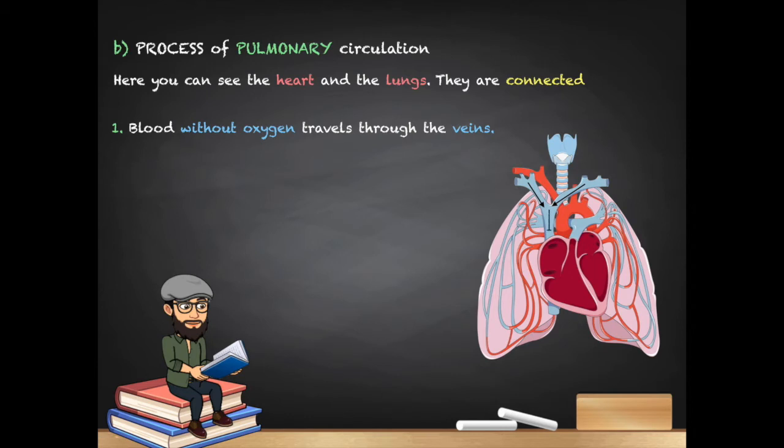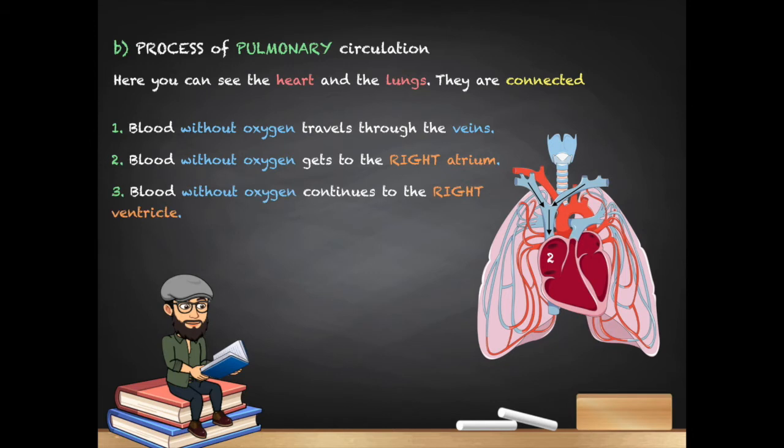Number 2, the next step, blood without oxygen enters the right atrium. After this, blood without oxygen continues to the right ventricle. Number 3 is the right ventricle.